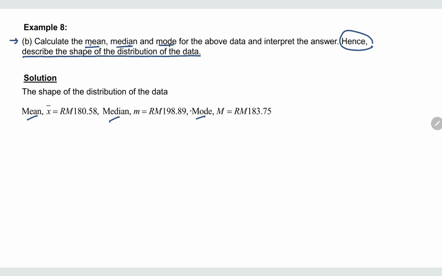Based on the values here, we can compare the mean and mode. So the mean is less than the mode. Therefore, we can say that the distribution of the data is negatively skewed.